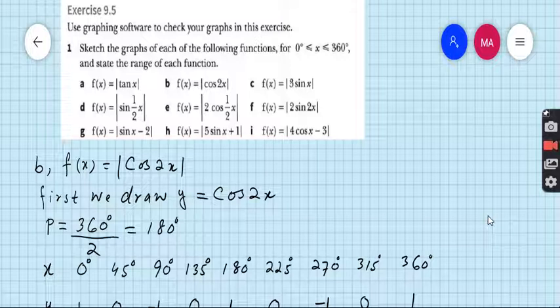The period formula is 360 degrees upon b, where b is the coefficient of x. Here the coefficient of x is 2, therefore 360 degrees upon 2 is 180 degrees.